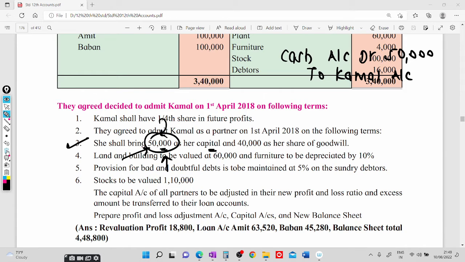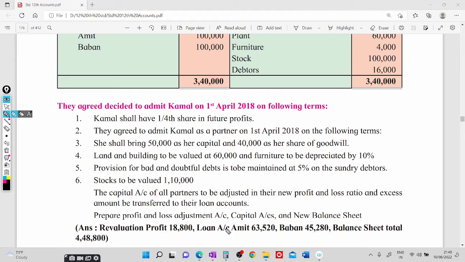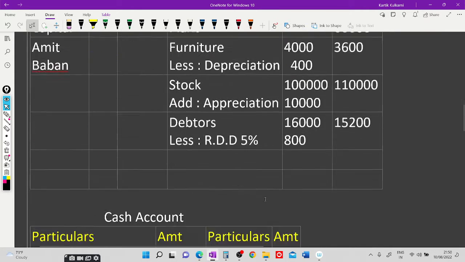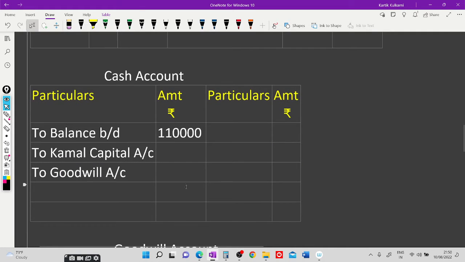Let's post this journal entry in the respective ledger. 50,000. So first cash account is debited. In the cash account debit side, I will write the name of the account which is credited, that is Kamal's capital account.